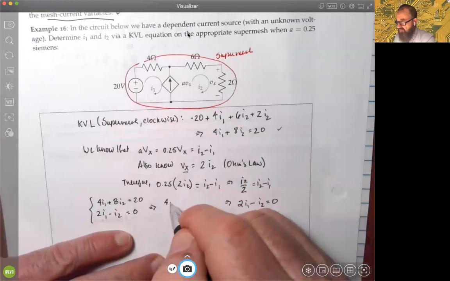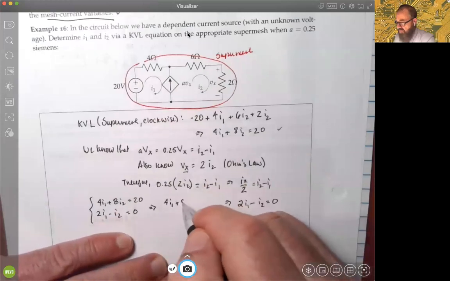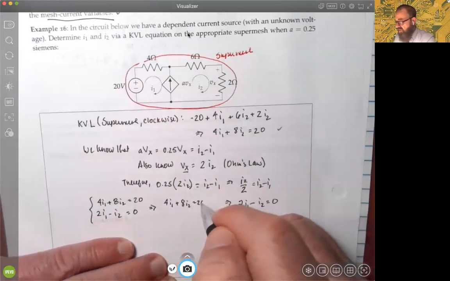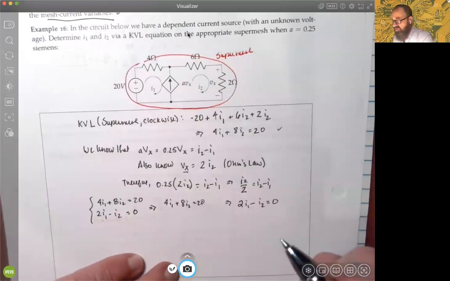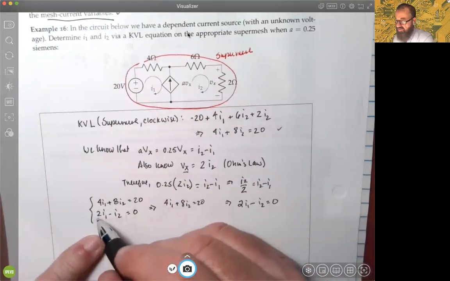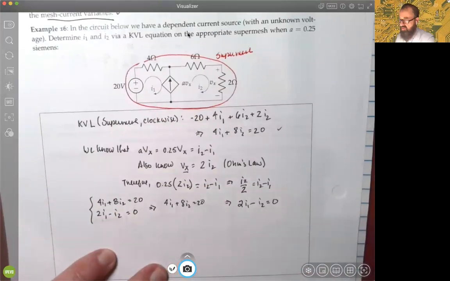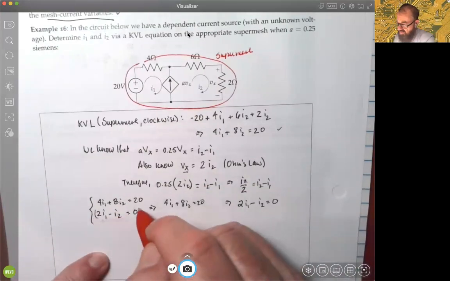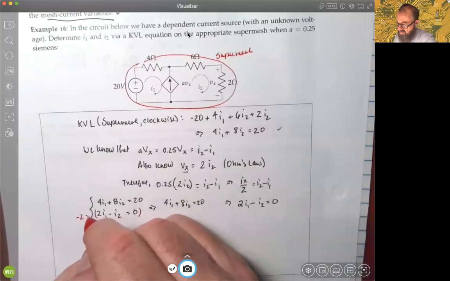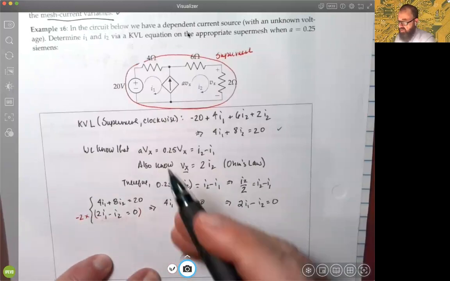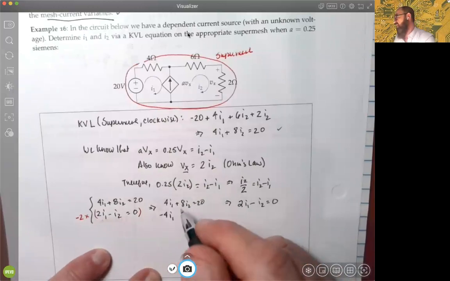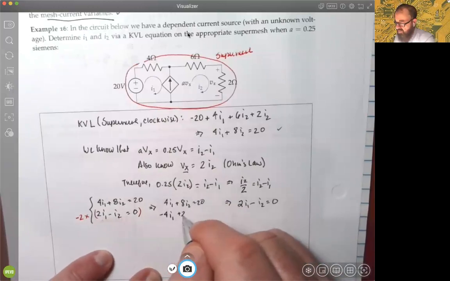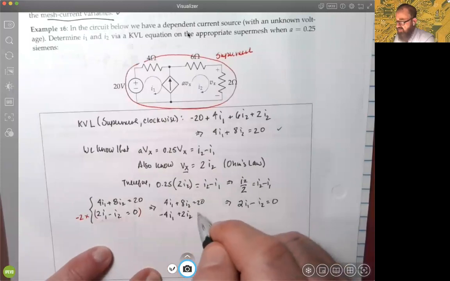So I'll leave the first equation alone. And what I'll do is multiply through by -2 times this equation right here. If I go -2 times all of that, I would get -4I1, plus 2I2, and still 0, right?